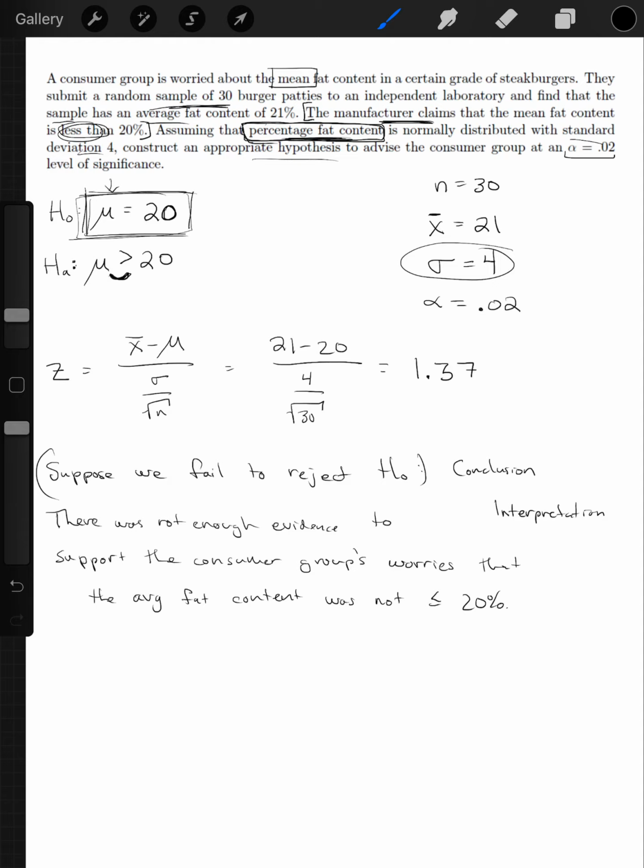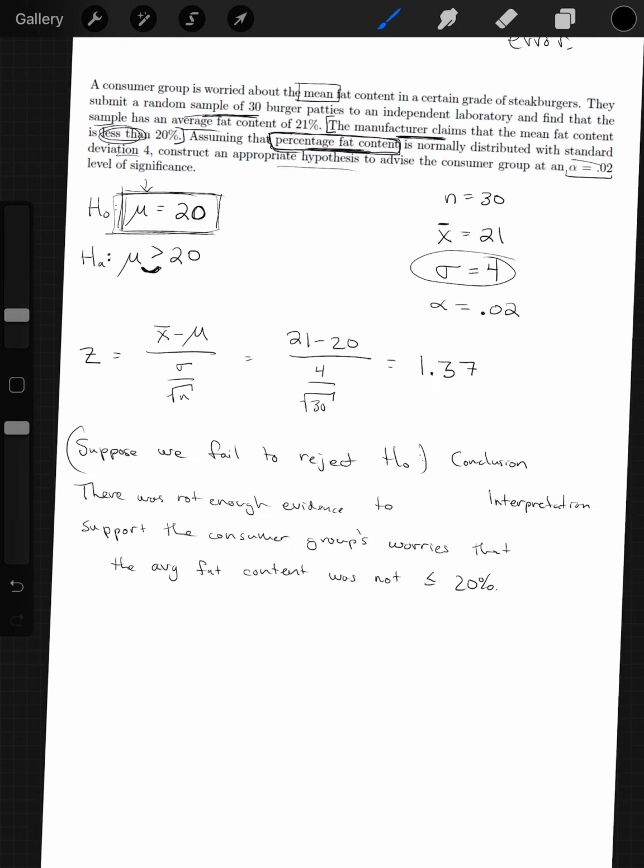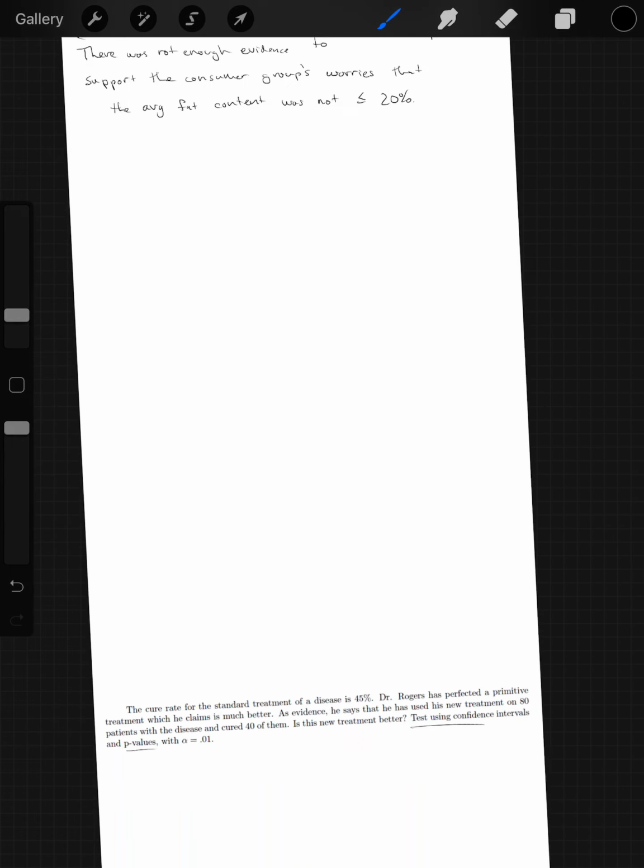So failing to reject never means that we showed anything. It means there wasn't enough evidence to go against the status quo, at least at that level of significance.